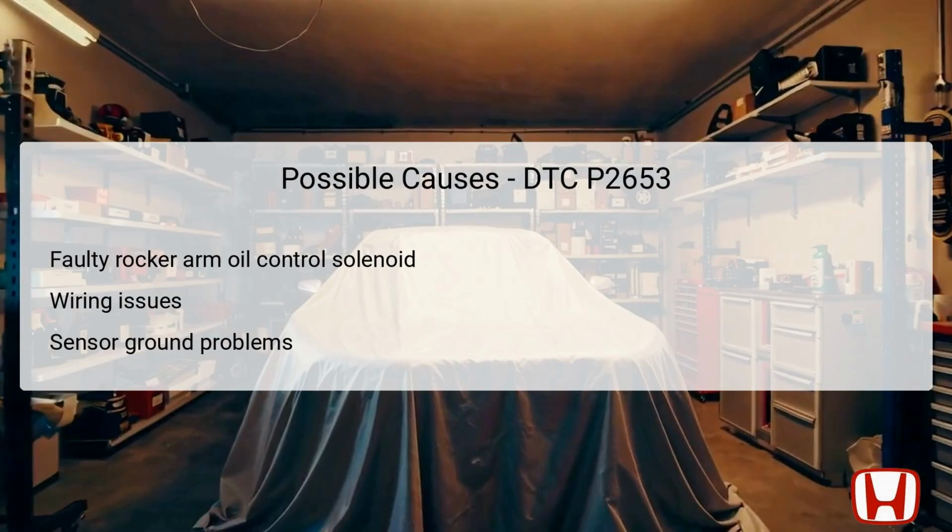It's also essential to consider potential sensor ground problems, which may affect the integrity of the signals sent to the powertrain control module, PCM. A thorough examination of each of these areas is necessary to ensure proper functioning of the VVT system. Each of these causes needs to be systematically evaluated during the troubleshooting process.